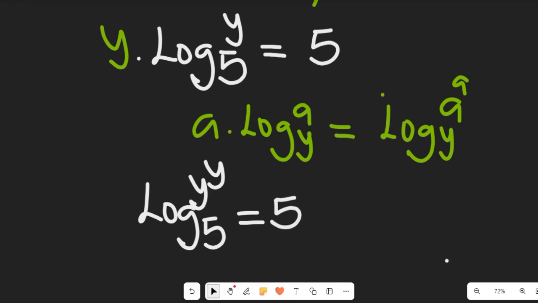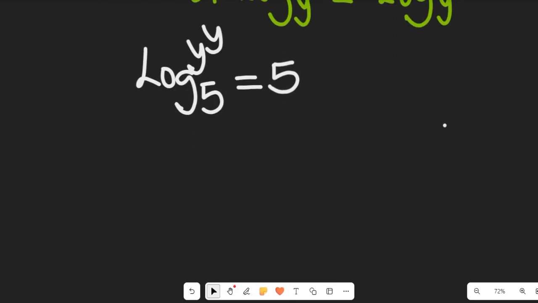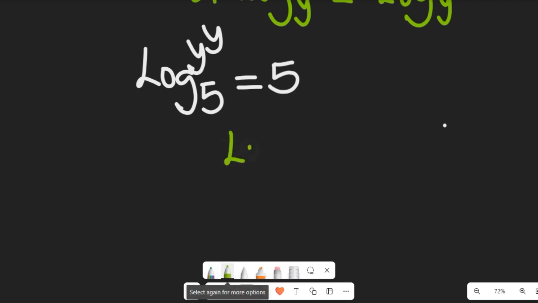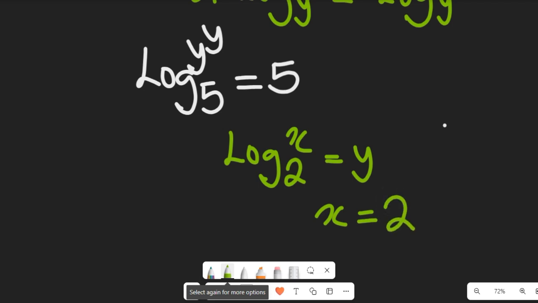Now what do we have from this expression? From this expression, recall the law of logarithm. Now if you have the log of x base 2 equal to y, then the value of x can be equal to 2 to the power of y, right?